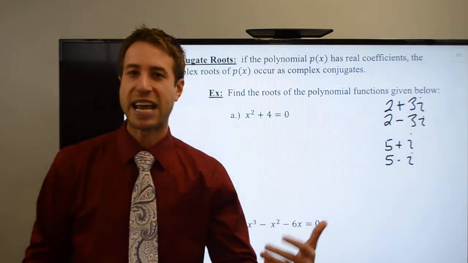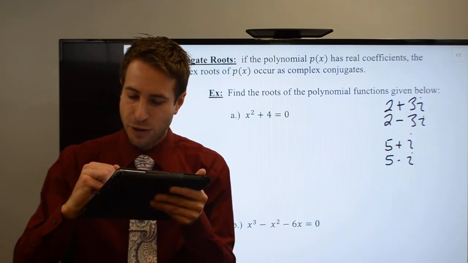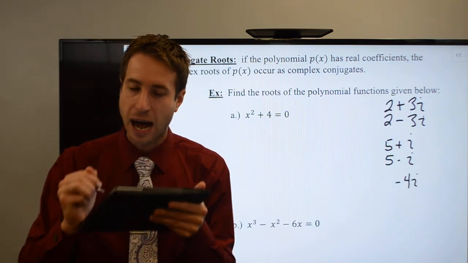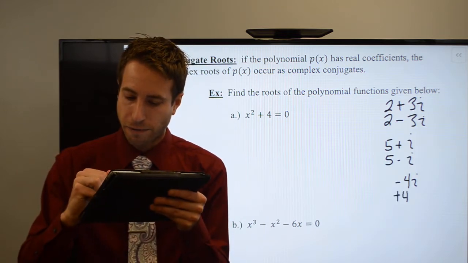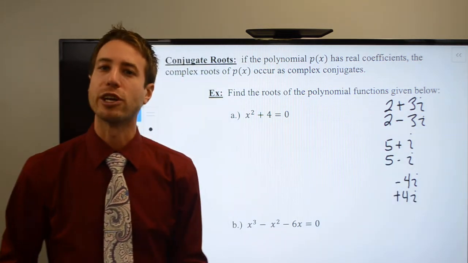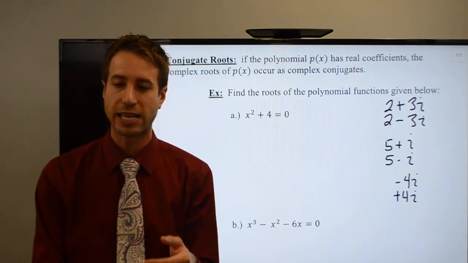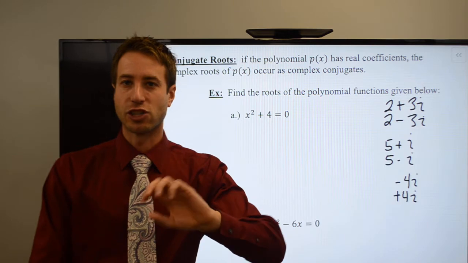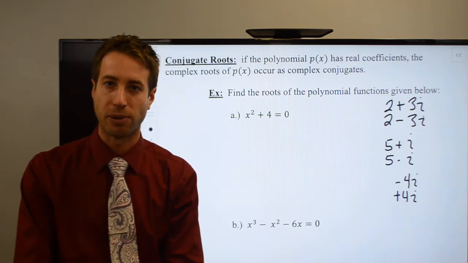You just change the sign of the imaginary part of the number. One more: if I gave you negative 4i, the complex conjugate would be plus 4i. So hopefully you'll remember from chapter 4 that the complex conjugate is just the opposite sign for the imaginary part of the complex number.